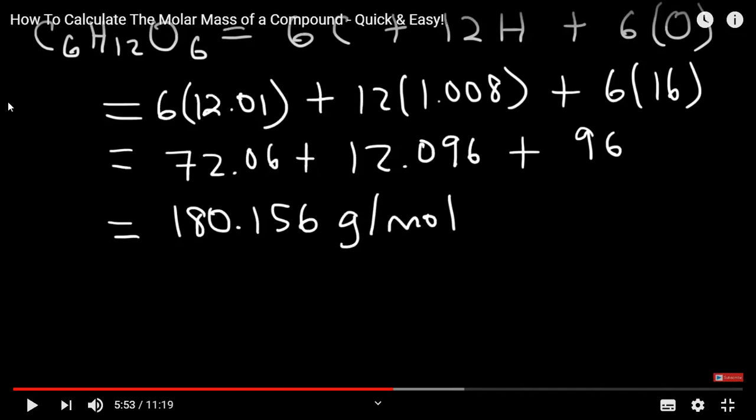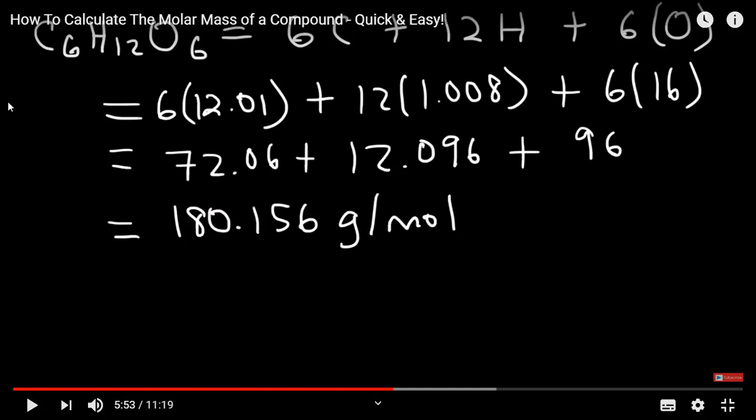C6H12O6 has 6 carbon atoms, so 6 times 12.01 as its atomic mass, plus 12 hydrogen atoms times 1.008 its atomic mass, plus 6 oxygen atoms, 6 times the atomic mass of oxygen, which equals 16.